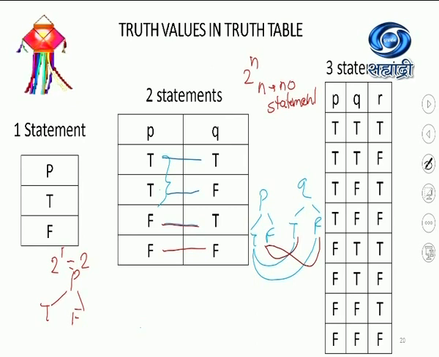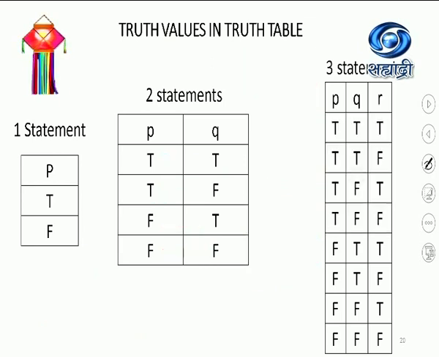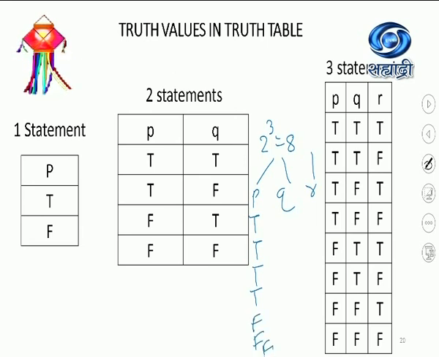Now what happens in case of 3 statements? Instead of using this combination or choices, I would suggest a simple way. 2 raised to 3 equals 8 truth values are there, for each statement P, Q, R. Now for P, make a group of 4 T's and 4 F's.